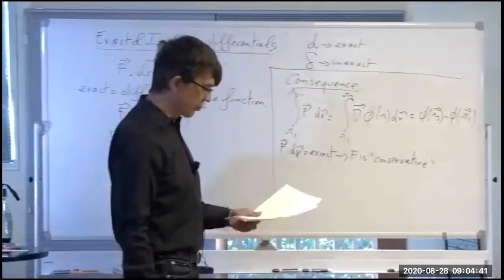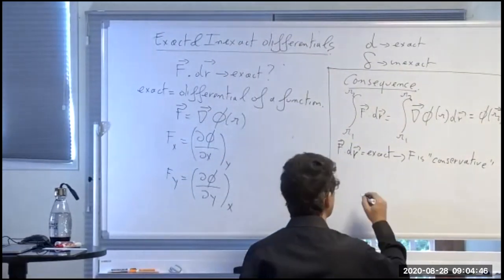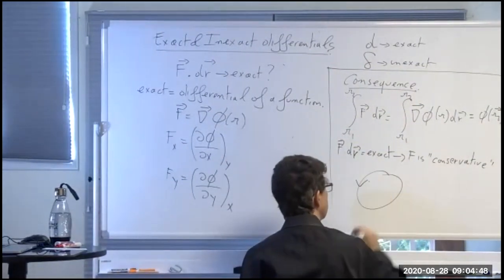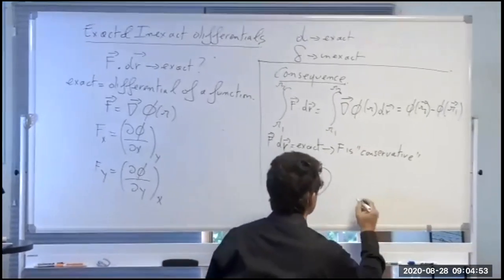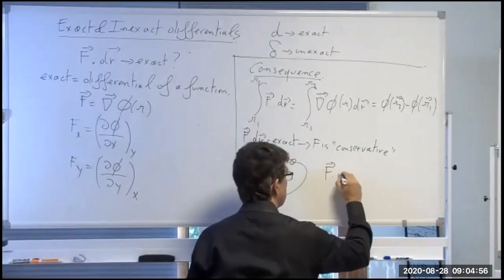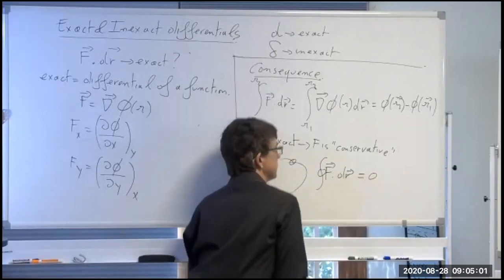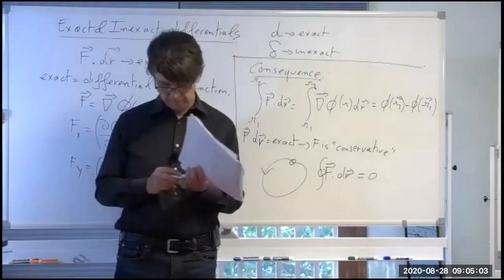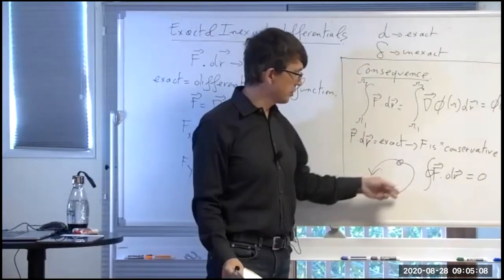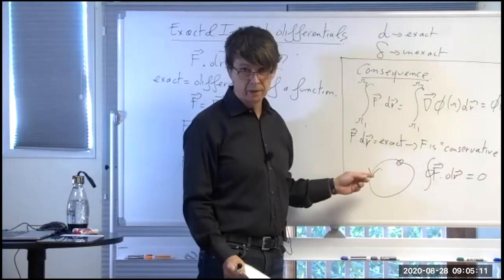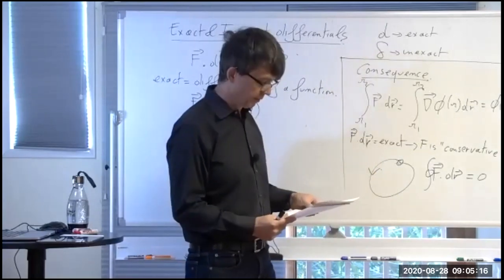And the reason it's called conservative is because when you integrate it in a circle, so if you integrate in a trajectory where you start in a point and you come back to the same point, then of course the integral of F dr is 0. Right? So when that differential operates in a loop, it produces no net energy transfer. Okay, that's a conservative force.